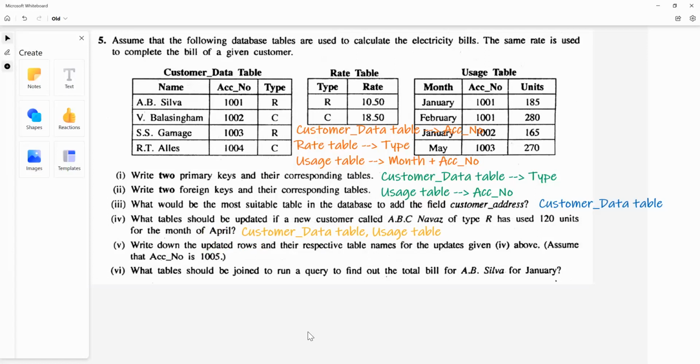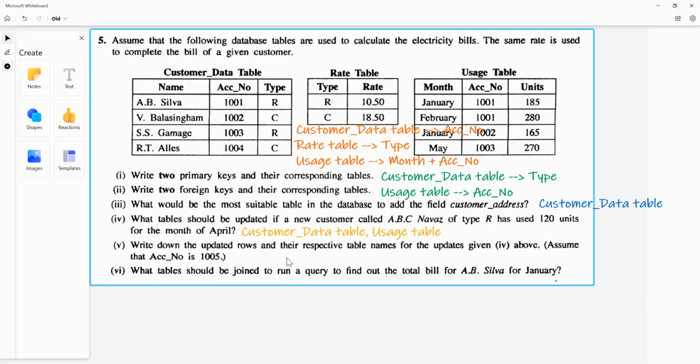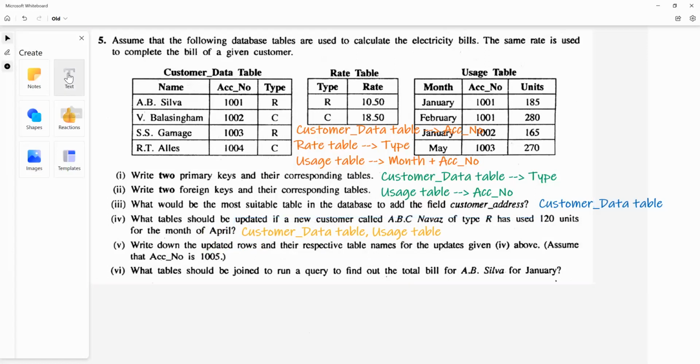How about the next one? Write down the updated rows and columns. Yeah. So when you write these updates for question number 5, you have to provide the details as well. So don't just type the table name.